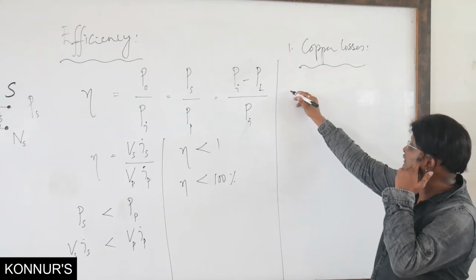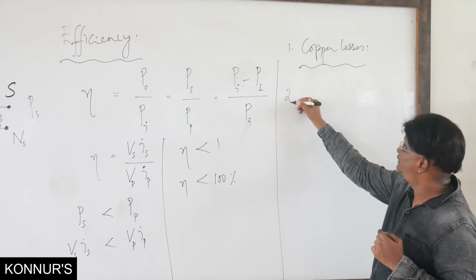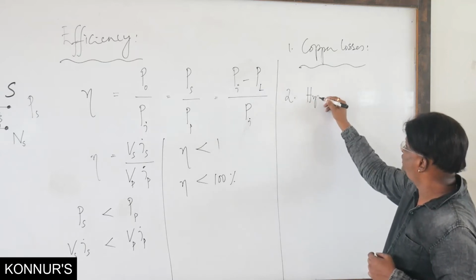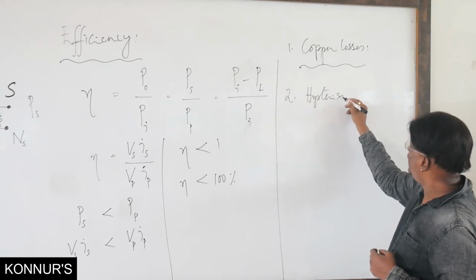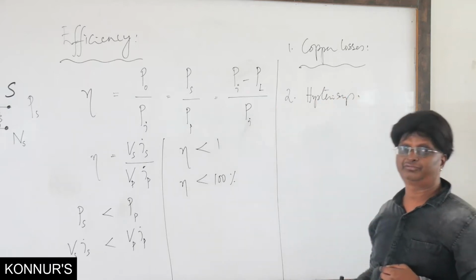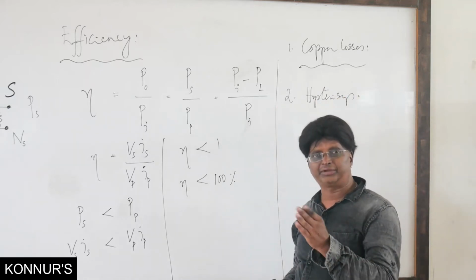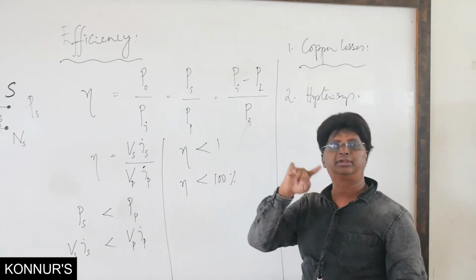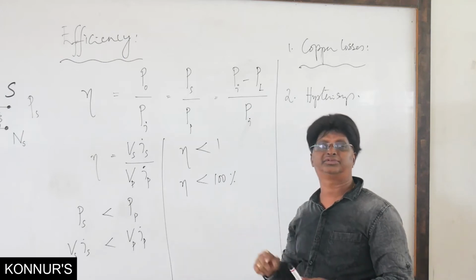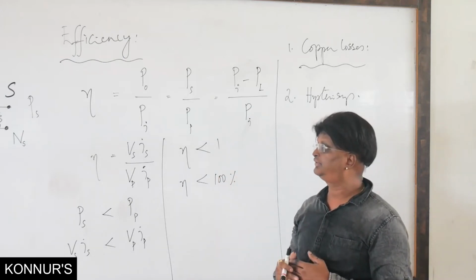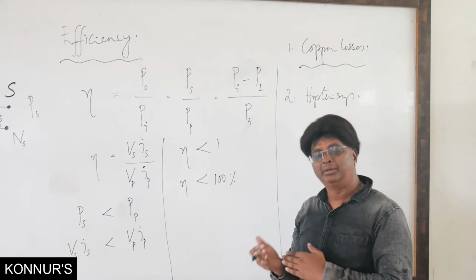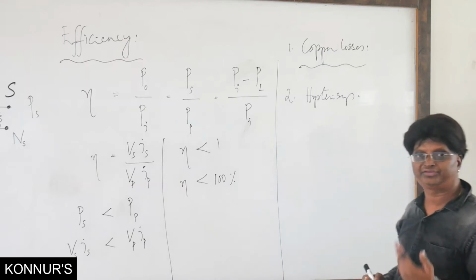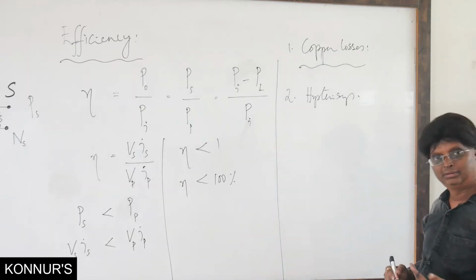Copper losses are due to the Joule heating effect, and the second one, which we discussed in an earlier class, is hysteresis loss. Why does it arise here in the case of a transformer? Because there is constant magnetization and demagnetization. With AC, the current increases and decreases and again increases in the reverse direction. Therefore, in the core material the magnetization and demagnetization keep happening, and in that cycle hysteresis loss will be there.